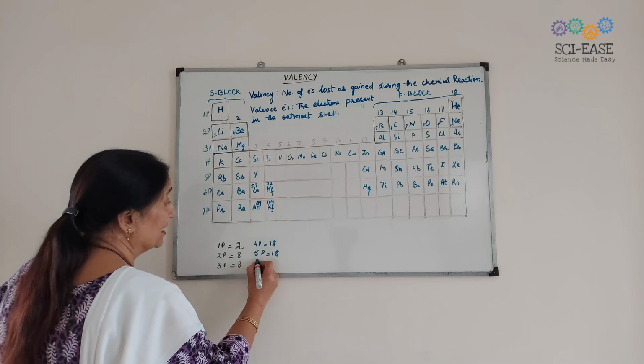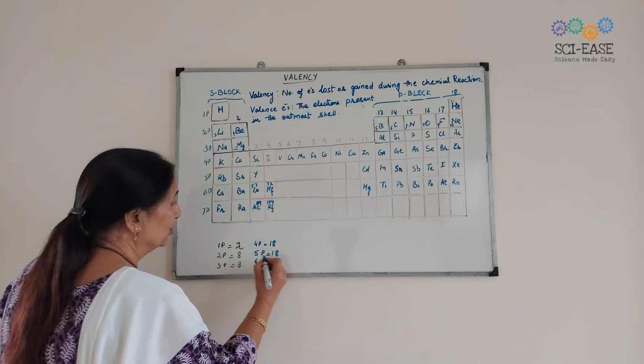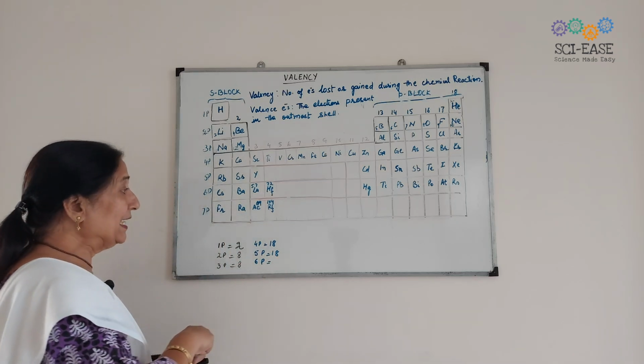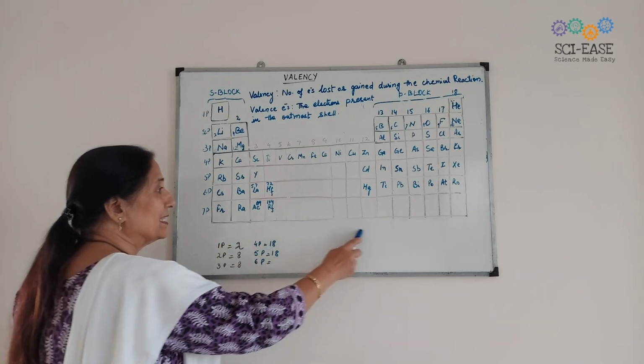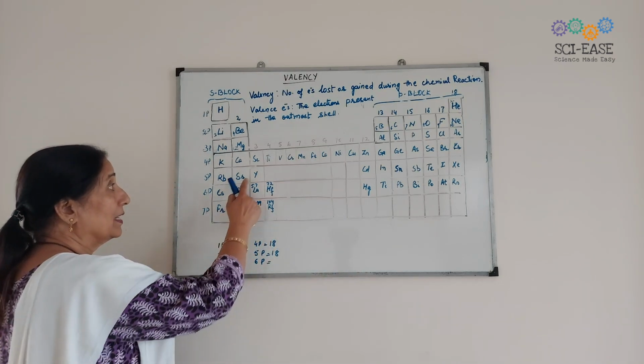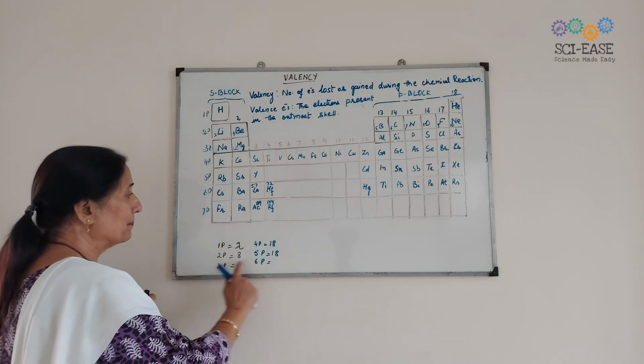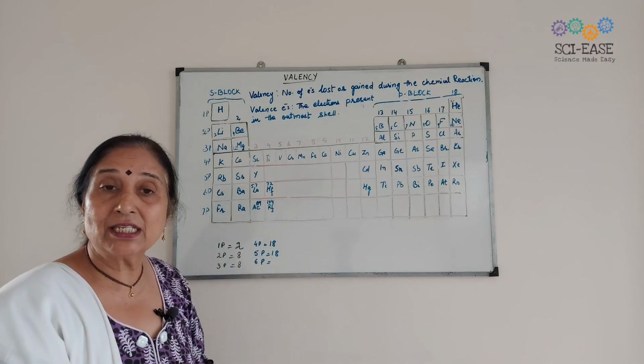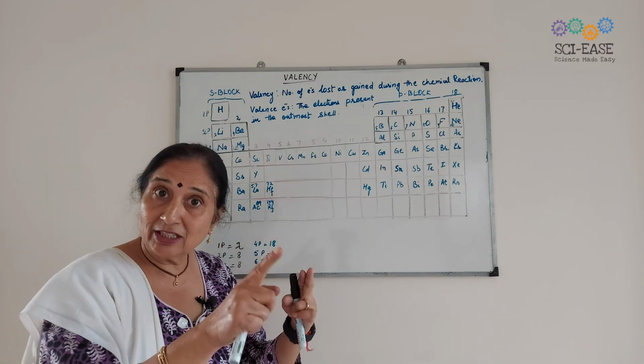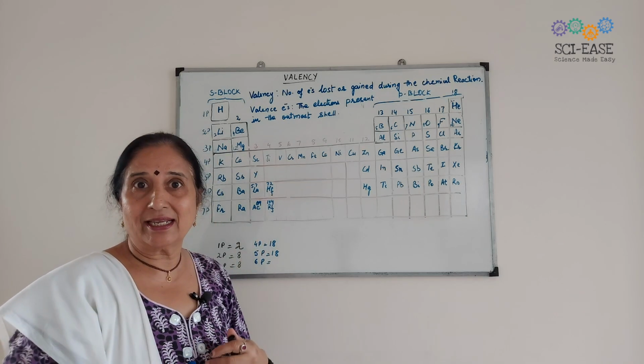In the sixth period, I have told you that 14 elements are present in the F block elements, which are the lanthanoids and actinoid series.